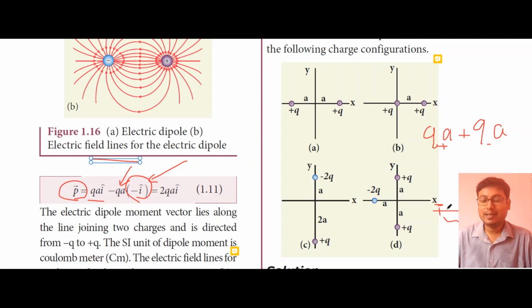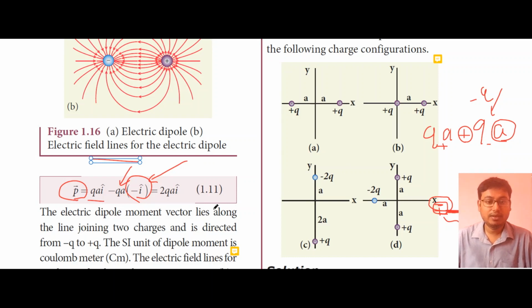So the total dipole moment is the magnitude of the positive charge into the distance from the origin, that is a, plus the magnitude of the negative charge into the distance from the origin, that is again a. Here the positive sign has changed to minus q because the charge is negative, and this a distance is on the negative x-axis, so again it becomes minus.